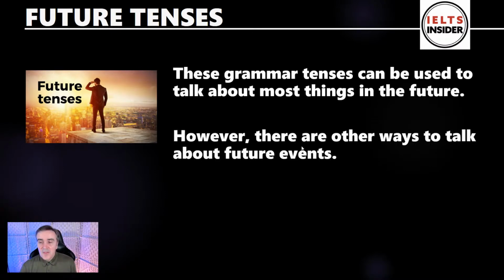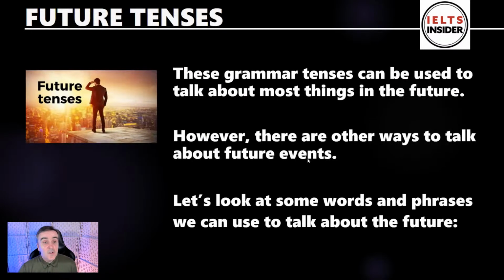However, there are other ways to talk about future events, and that is what we are going to be looking at today. I'm going to be showing you 10 words and phrases we can use to talk about the future. These words and phrases have a very specific meaning, and when you use them, they give people a much stronger sense of what you are trying to explain.